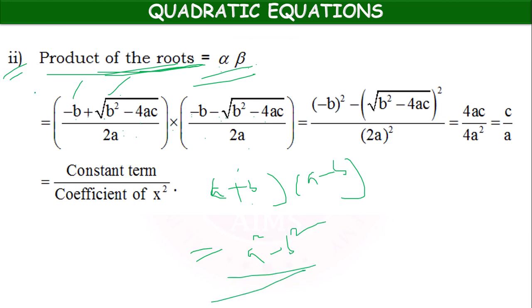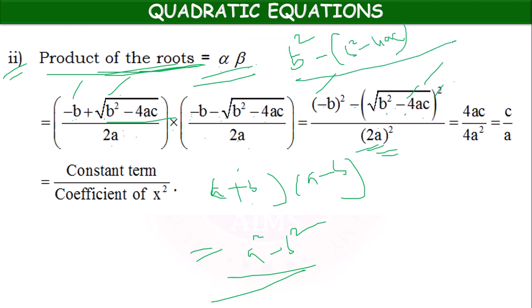That means the first term, minus b whole square, minus the second term, root of b square minus 4ac whole square, by 2a into 2a, whole square. So minus b whole square will become plus b square, minus b square minus 4ac; the root and the square cancel. We will get b square minus 4ac.